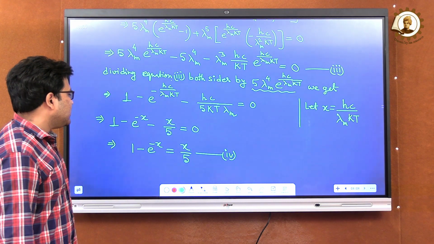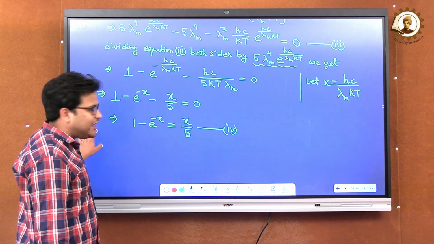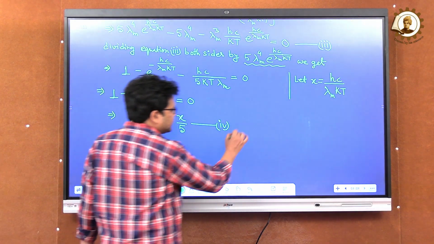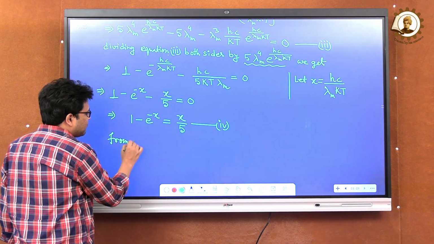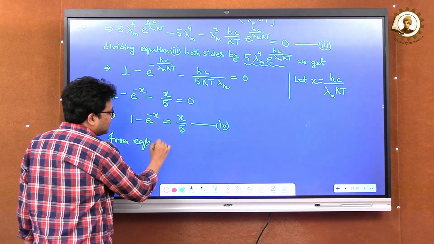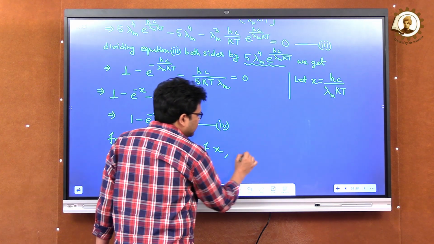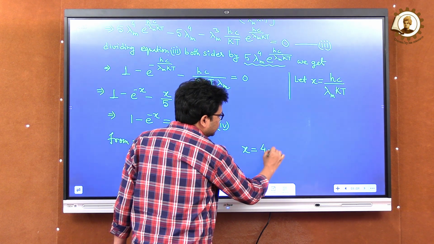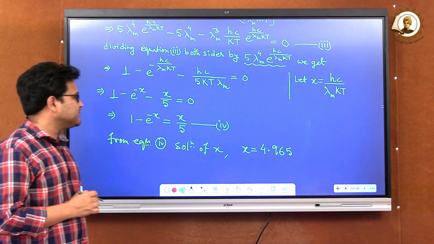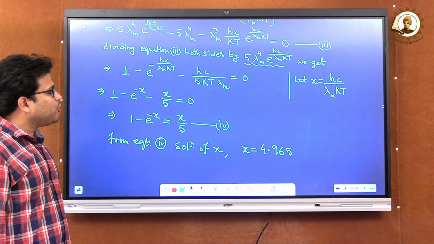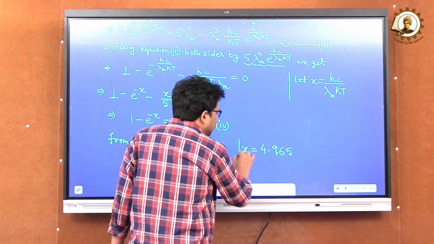It can be shown by the graphical method that the solution of this transcendental equation, the solution for x from equation 4, is x equals 4.965. This is our graphical solution for x.